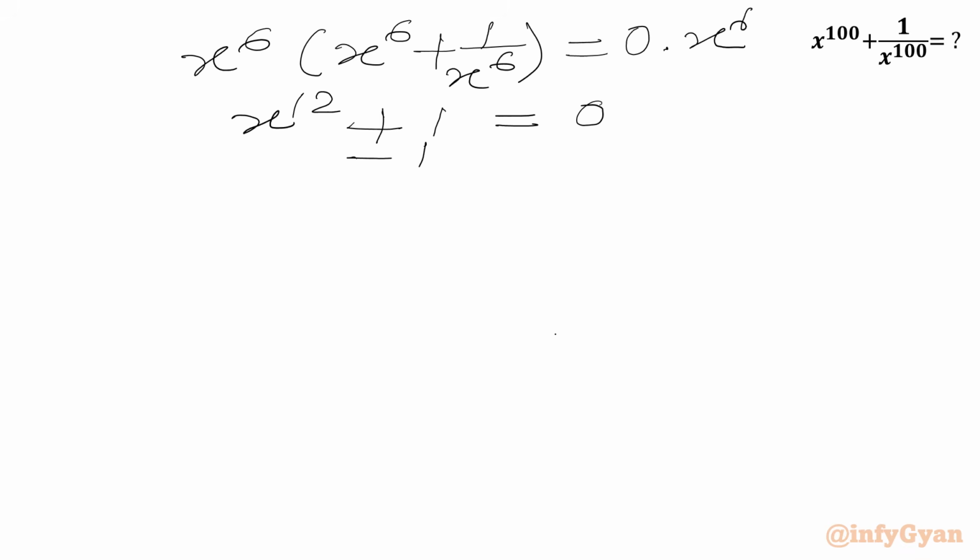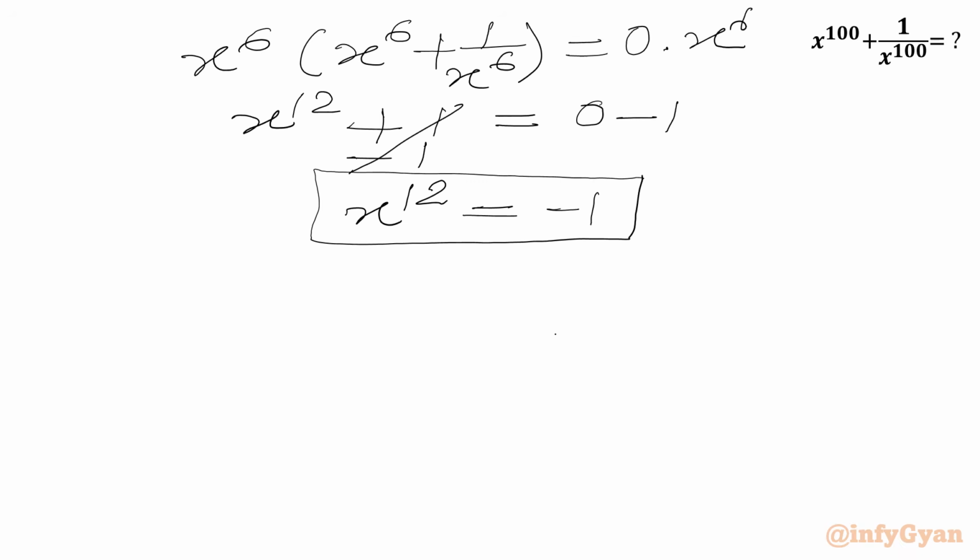Now we will subtract 1 from both the sides. We are going to get x power 12 equal to negative 1. Let's say this is our equation number 2.